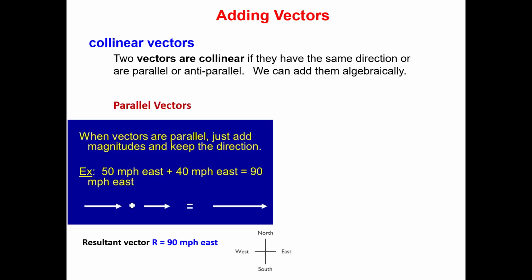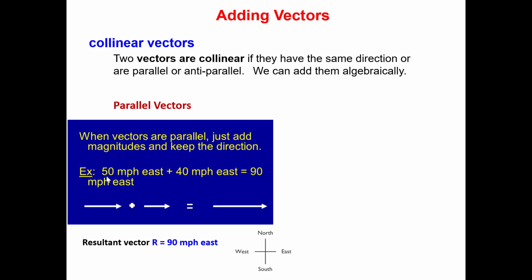Let's see what happens if the vectors are parallel. If the vectors are parallel, they have the same direction. If we add these two vectors, we will get a new vector, and this vector is called the resultant vector. Because we had two vectors with the same direction, we can just add the vectors together and keep the direction.